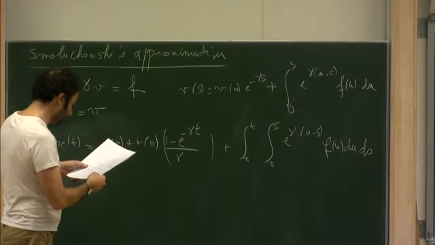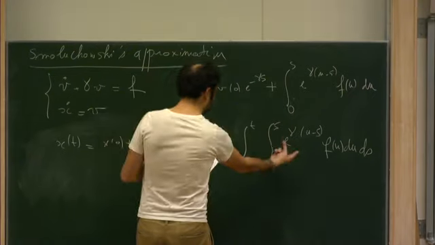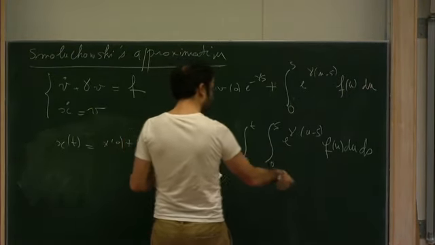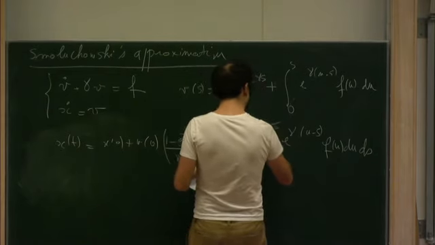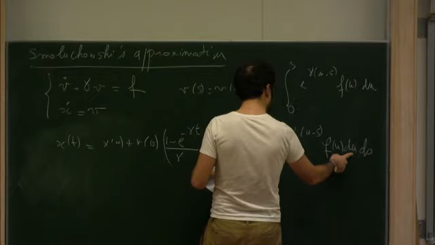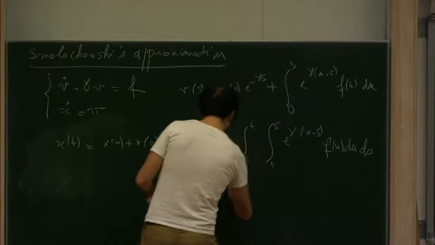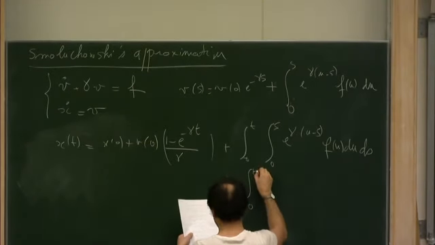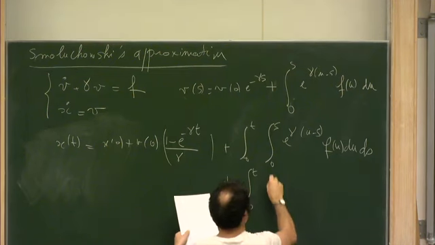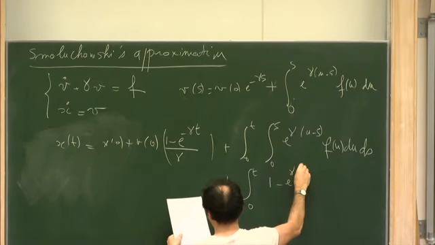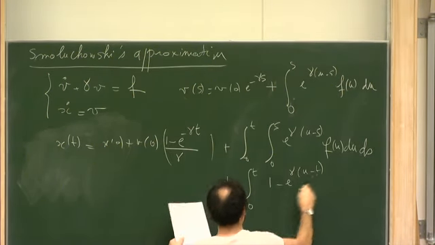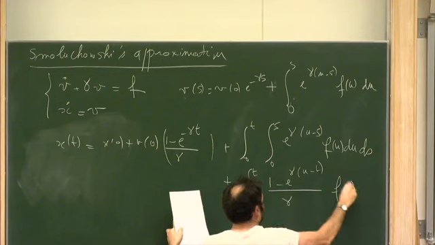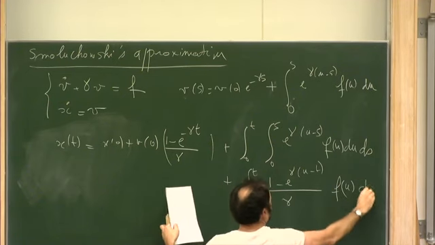I did nothing else. And now if you change the order of integration, instead of integrating first u and then s, you just reverse, and you get here the kernel that appears. So you'll do it at home. This is the integral from 0 to t of 1 minus exponential gamma (u minus t), divided by gamma, f of u du.